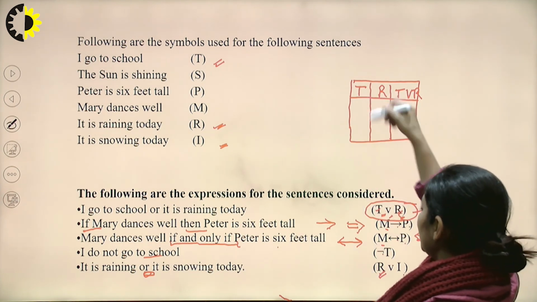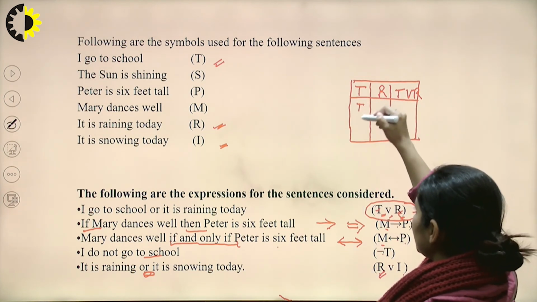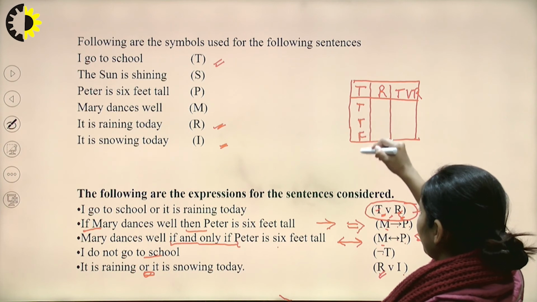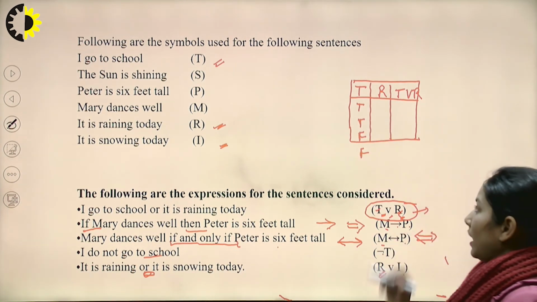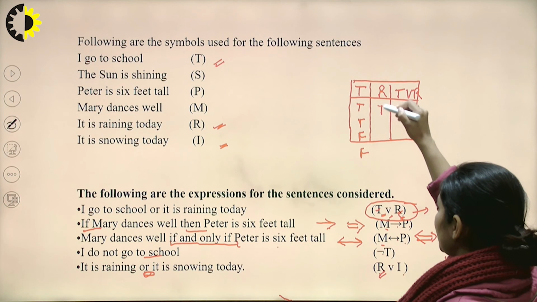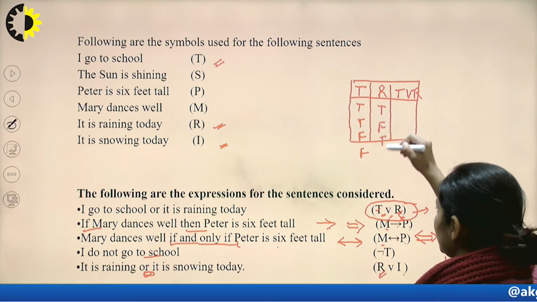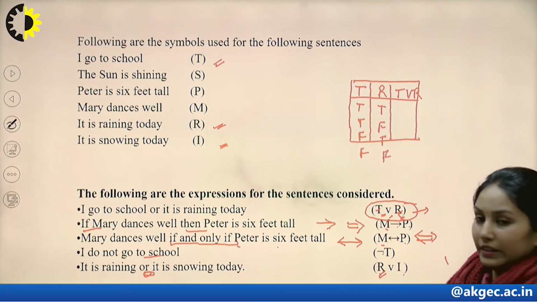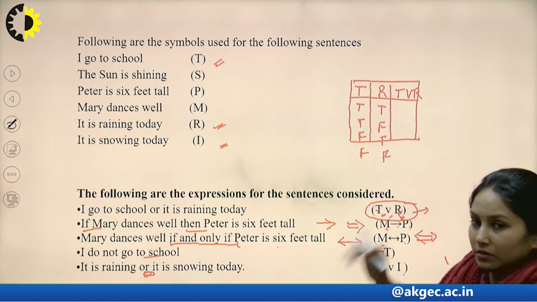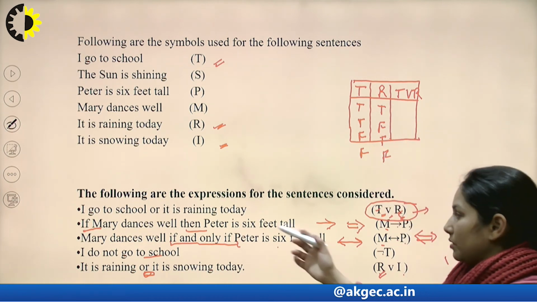For T, I write T, T, F, F. And for R, I write T, F, T, F. These are the possible outcomes for this statement.